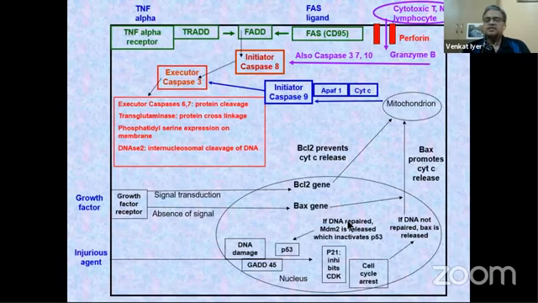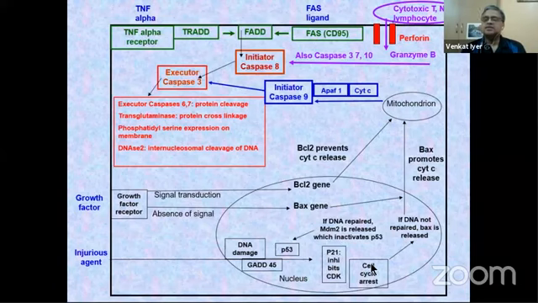On the other hand, this is the nuclear integration. So in the nucleus, you can have BCL2, which prevents cytochrome C release in the mitochondria by stabilizing the membrane, or BAX-like proteins, which promote the cytochrome C release. If there is an injurious agent, like we saw in the previous lecture, and there is DNA damage, P53 is expressed, or GADD45 also, which via P21 inhibits the CDKs or the cyclin-dependent kinases, and there is a cell cycle arrest.